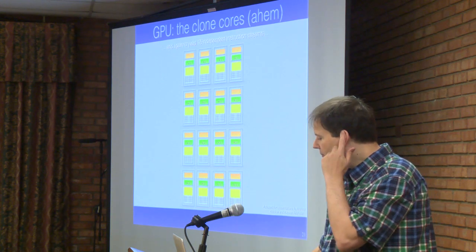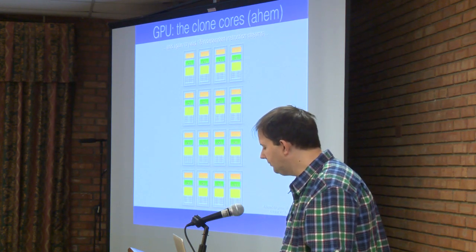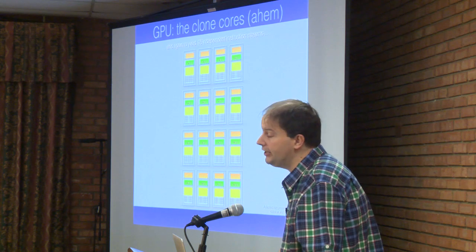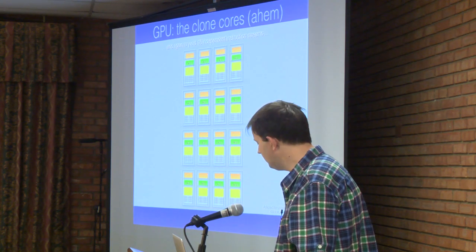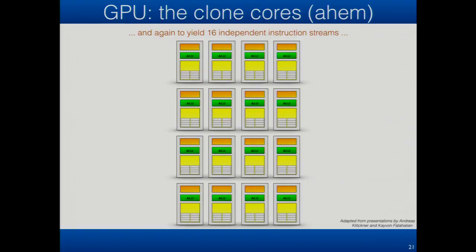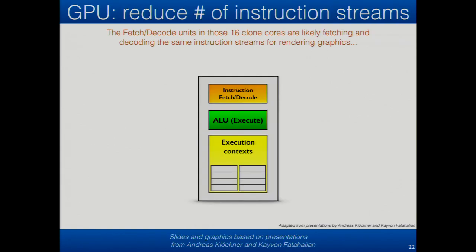So now we have, in this simple abstract representation, 16 independent instruction streams. That's 16 cores. Okay? But given its heritage, the CPU, those cores are very likely to be doing the same thing. They're probably going to have the same instruction stream. So what do we do?